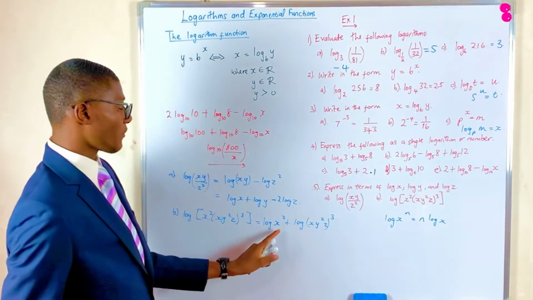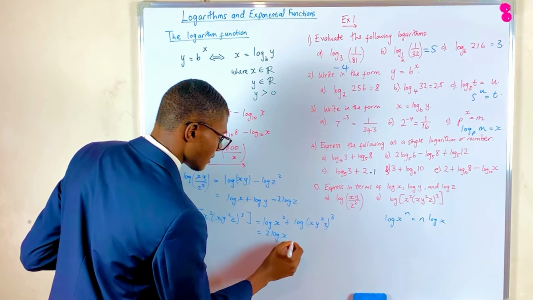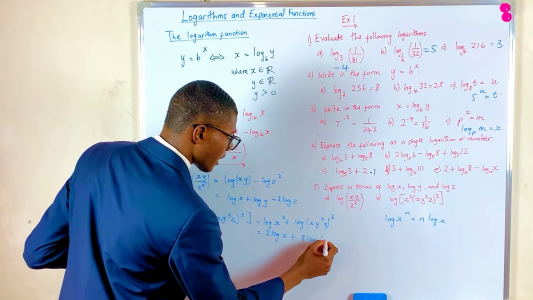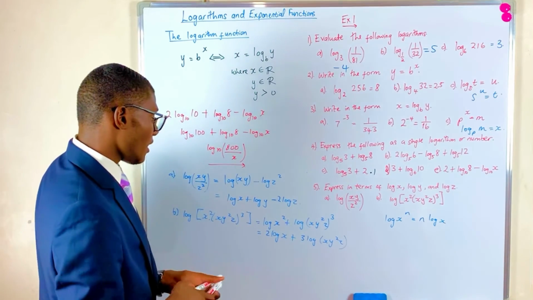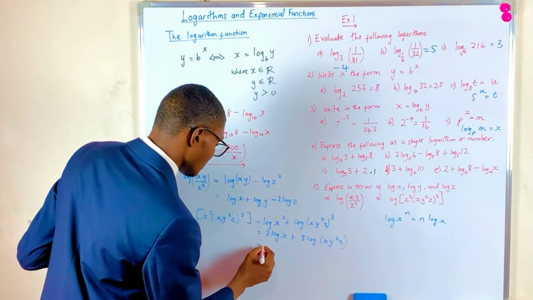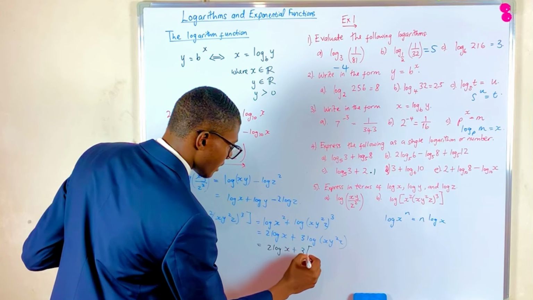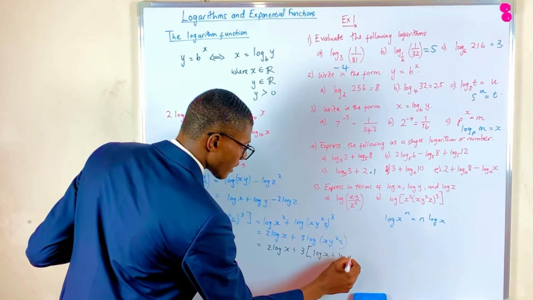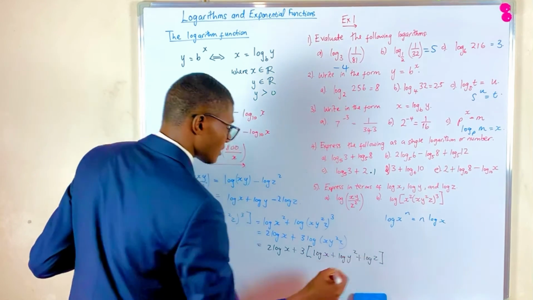So now we're going to drop this power 2, such that we've got 2 log x, and then plus, we shall drop this power 3, log xy squared z, like that. And then now we need to just split this, because multiplication we can split it. So 2 log x plus 3, now we can say log x plus log y squared plus log z, like this.